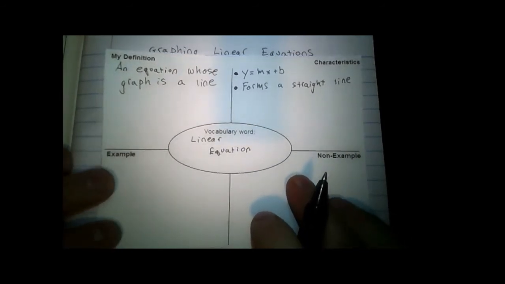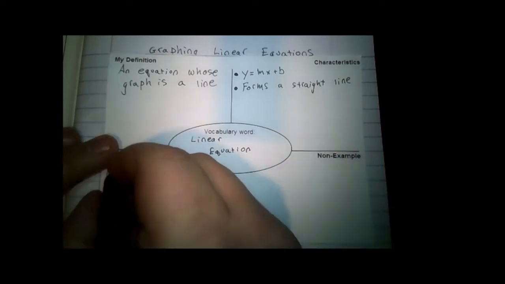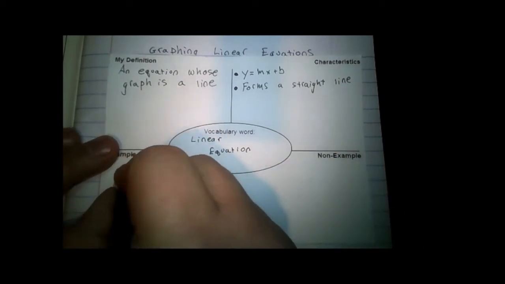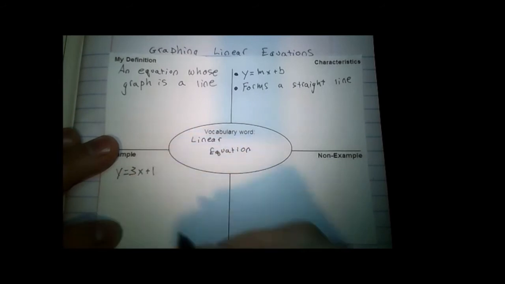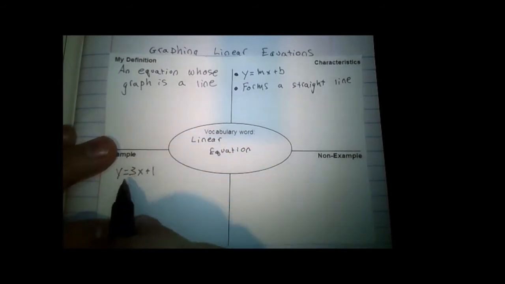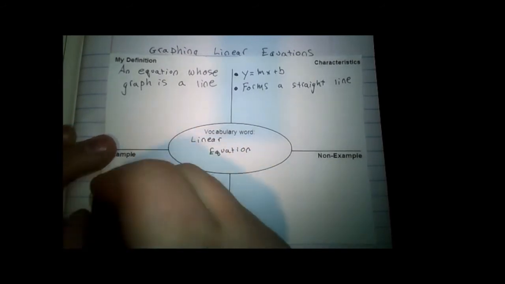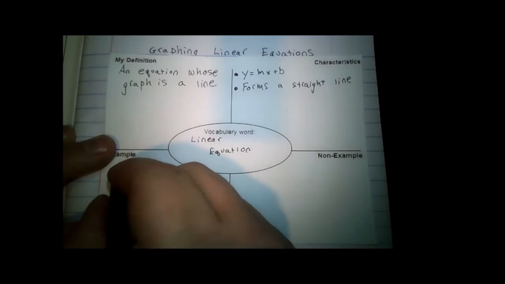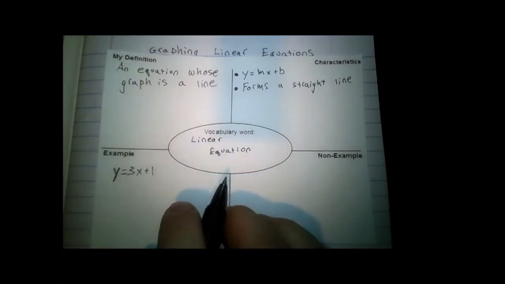Some examples of linear equations: y equals 3x plus 1. As soon as we have two variables, a y and an x, that is the most common that you'll see here for 8th grade math.